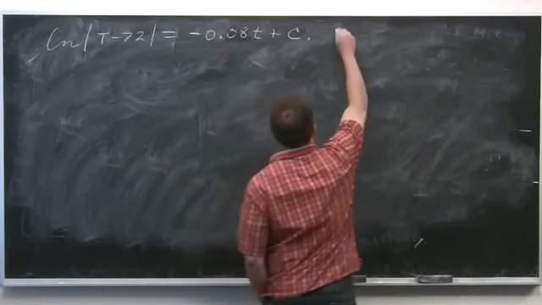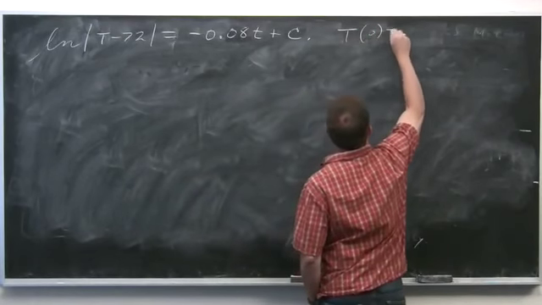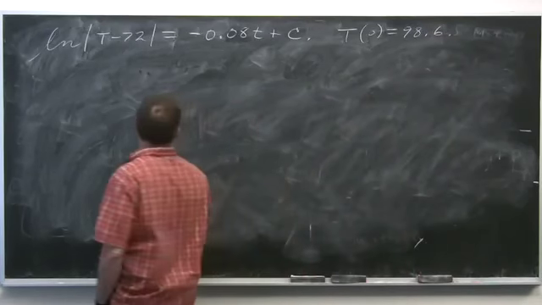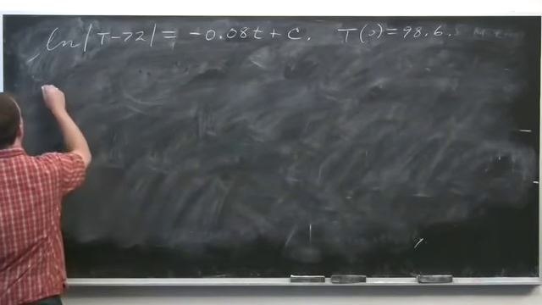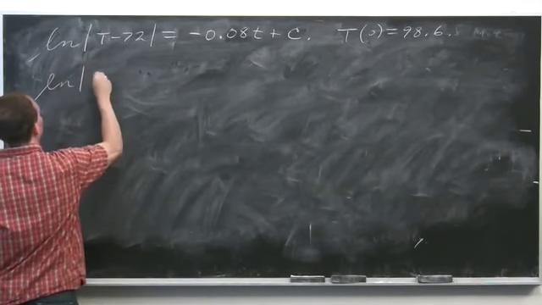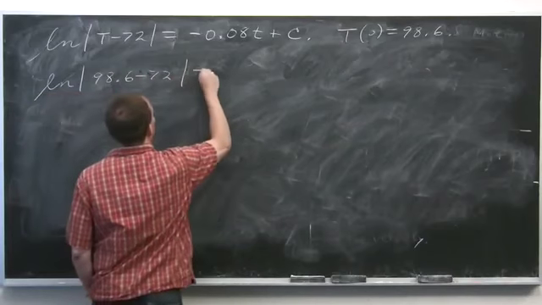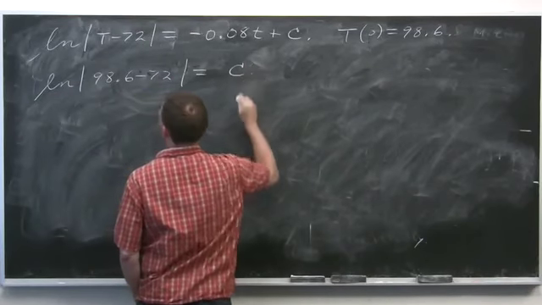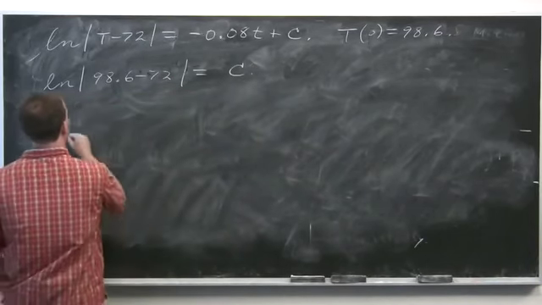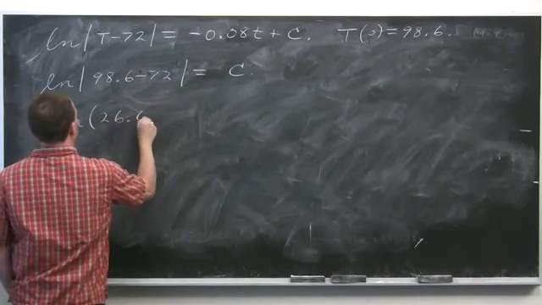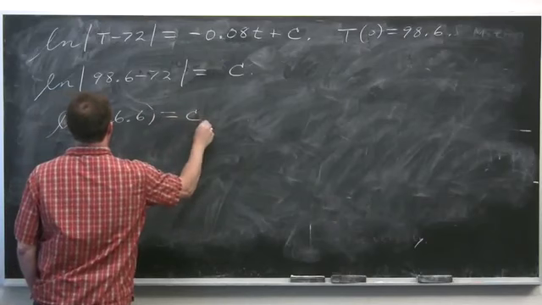We also know that T at 0 is 98.6. So you plug in that capital T is 98.6 when t is 0, and so you get that c is the natural log of 26.6. That's what c is.